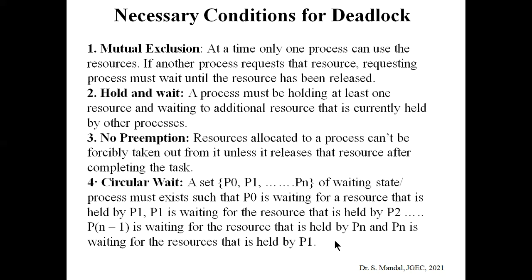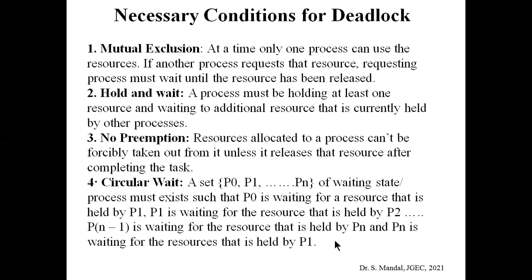And no preemption. No preemption means resources are non-preemptible. That means a resource cannot be forcefully allocated to a process, or forcefully taken out from the process which is already using it, until the process completes its task.